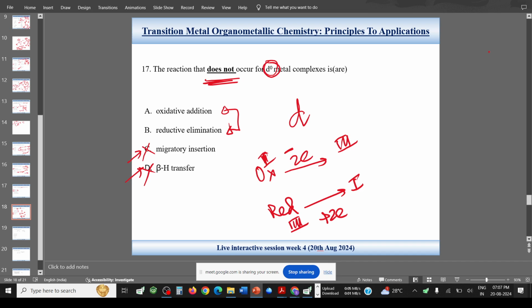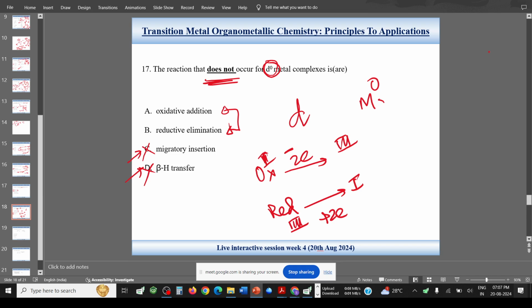d0 means the metal center is in its highest oxidation state, and it does not contain any valence electron. So if the metal does not contain any electron, is it possible to take out two more electrons from it?